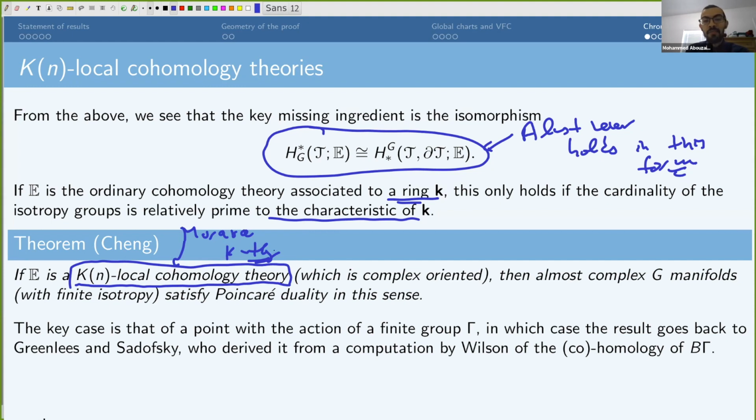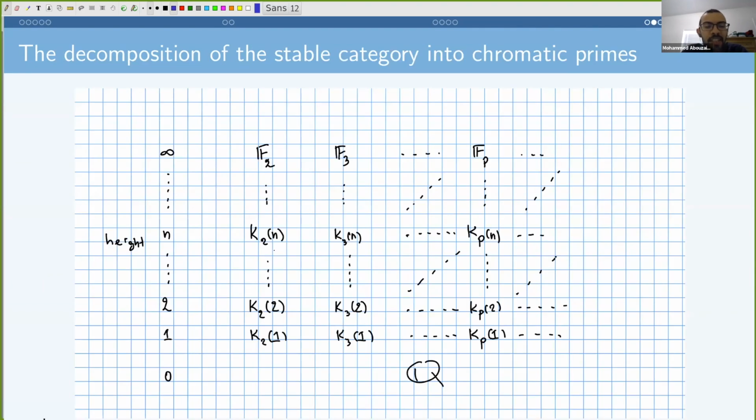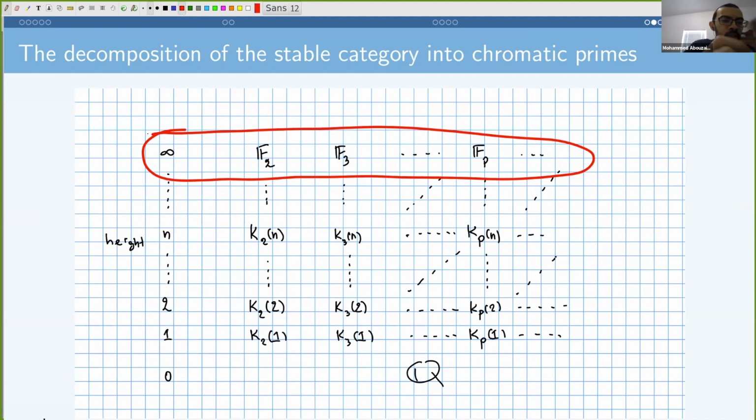So unfortunately, I don't have much time to talk about K(n)-local theories. I will just end with this picture. So here there is ordinary arithmetic, the usual arithmetic, and in the usual arithmetic we have abelian groups, say the integers, and we look at all the primes for the integers, the familiar prime numbers.